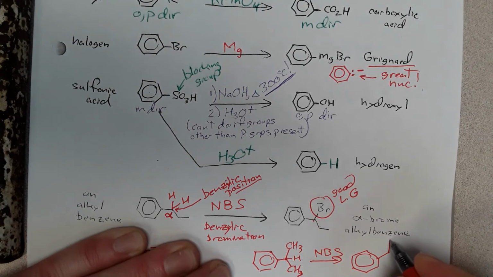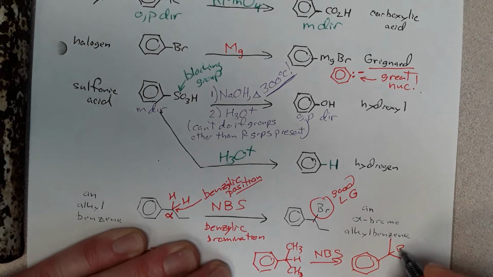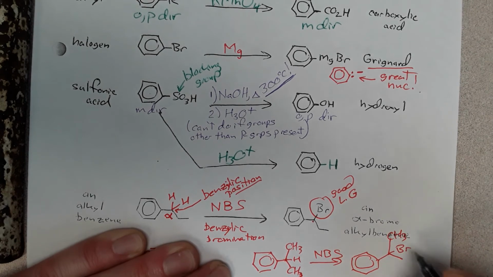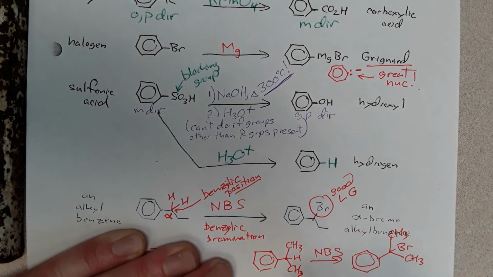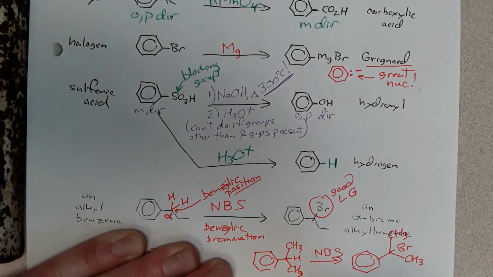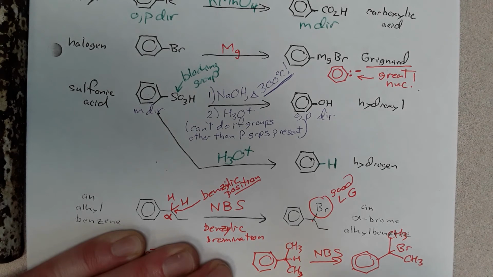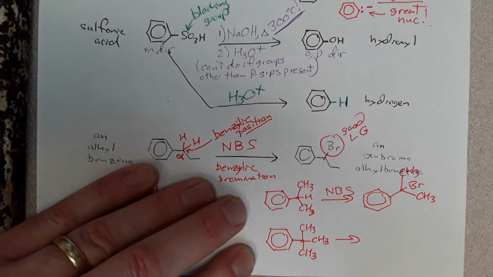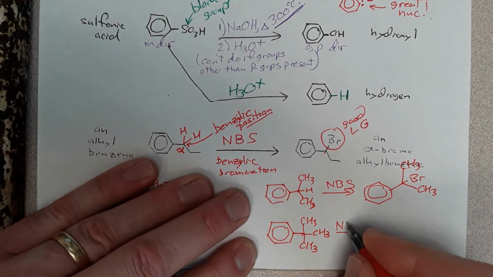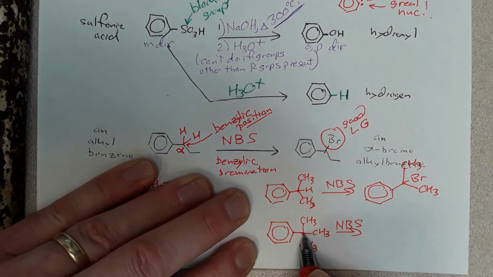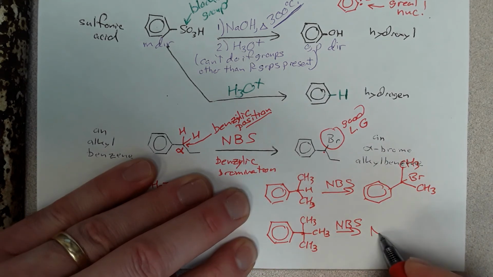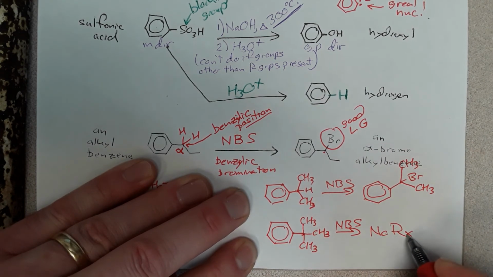You can put the bromine here. If you have a t-butyl group, however, you do not have a benzylic hydrogen. In the benzylic position on that carbon, there is no hydrogen to replace. And this NBS replaces a hydrogen here, and if there is no hydrogen there, then you get no reaction.